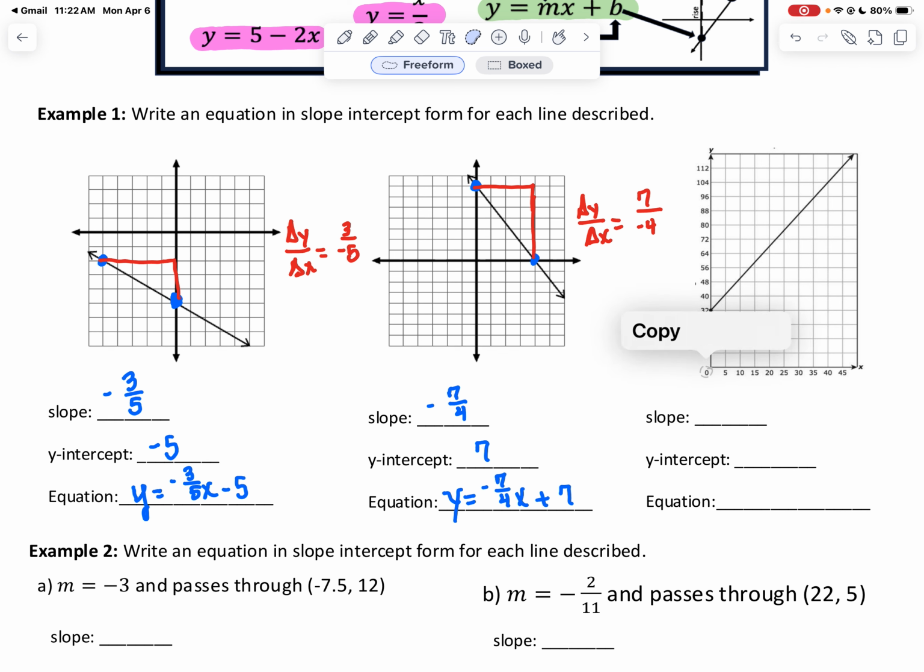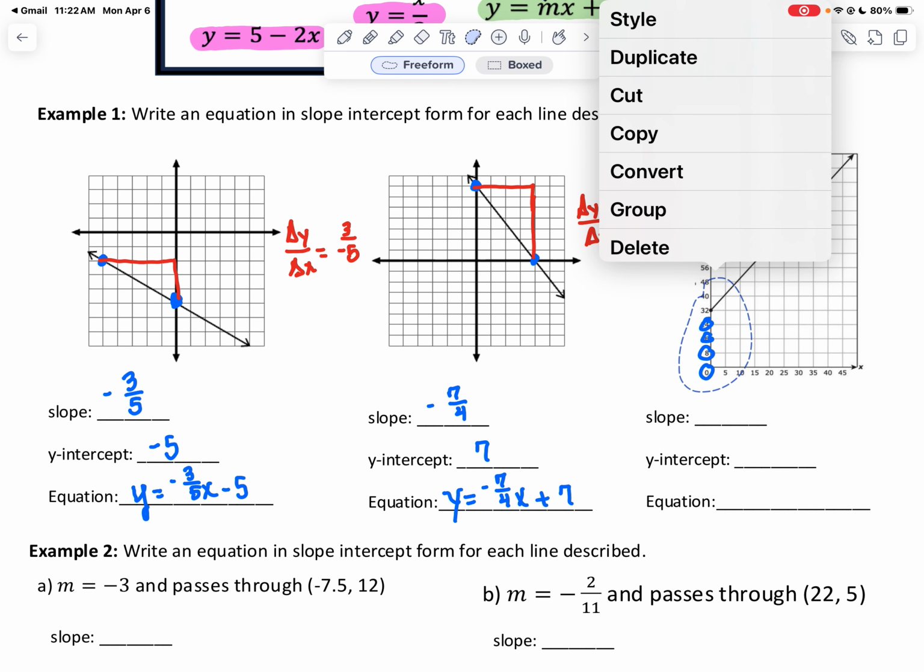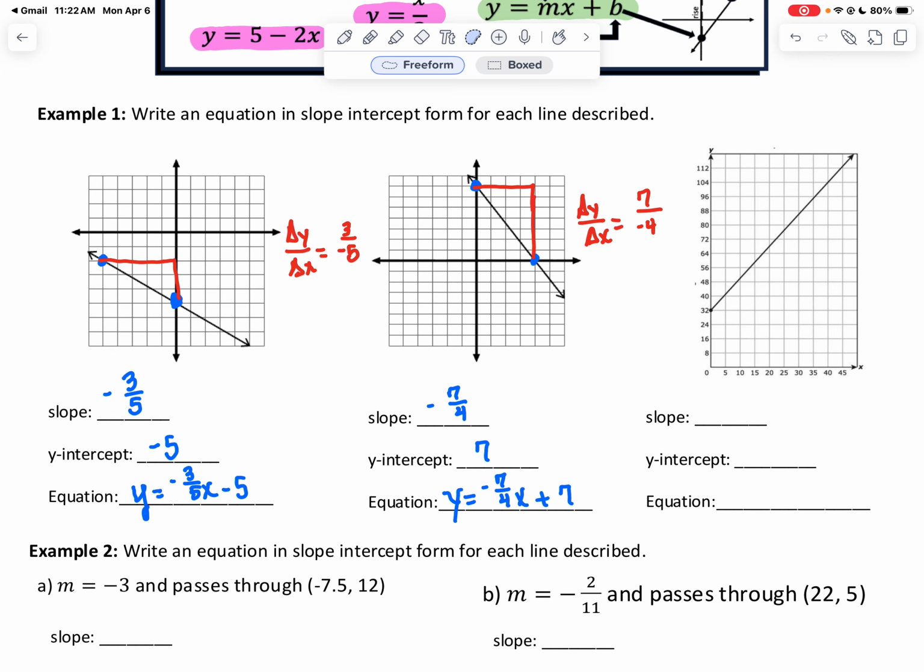We have 0, 8, 16, 24. So you can see the y-axis is scaled by 8s. So when we're getting our change in y over our change in x, we want to make sure that we're scaling our rise over run properly.